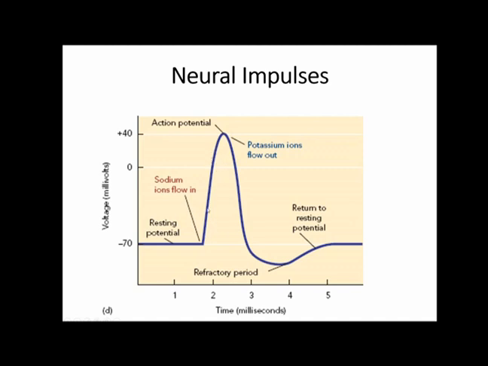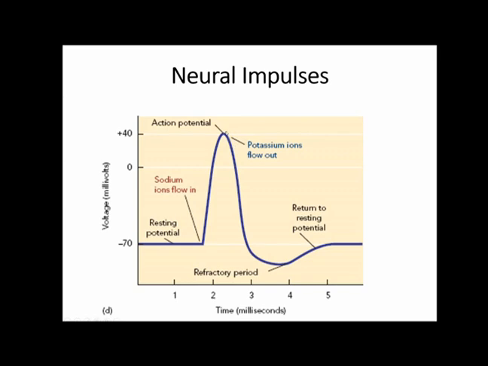And so as that charge rises, we're going to eventually hit the peak, our maximum voltage of positive 40 millivolts. That is our action potential. That's the point where the cell has fired. And once we hit that point, we're going to start correcting to return back to our resting potential.